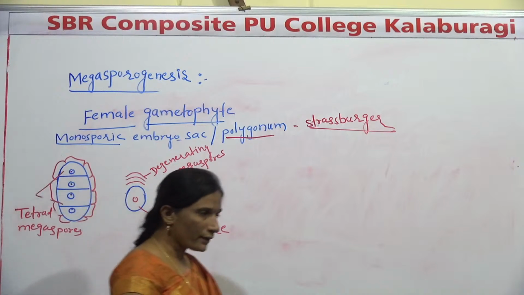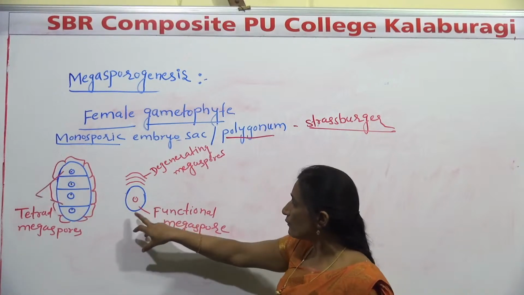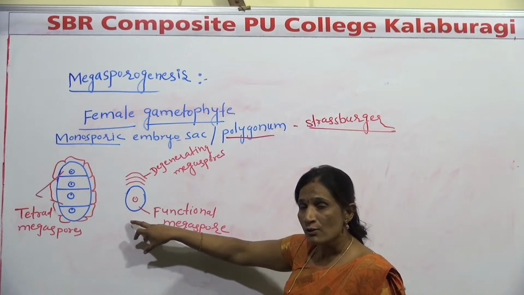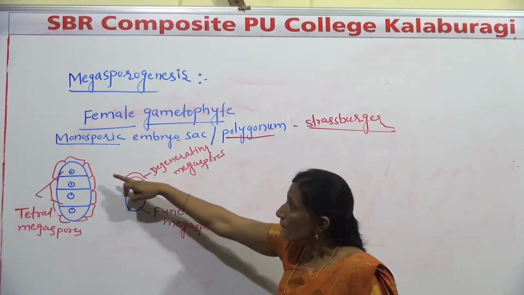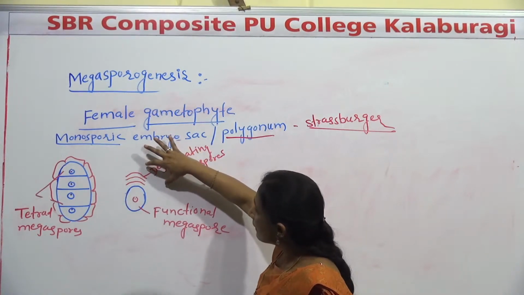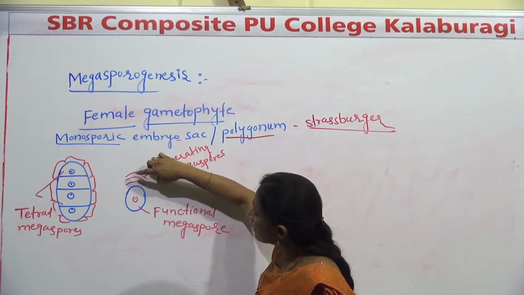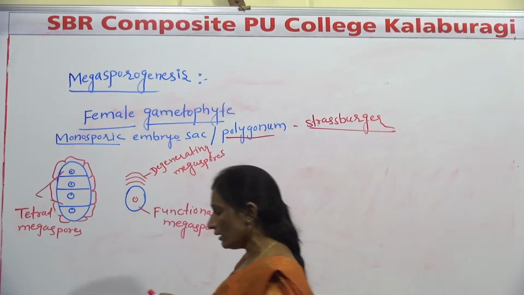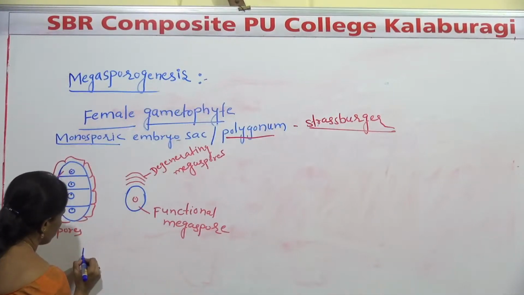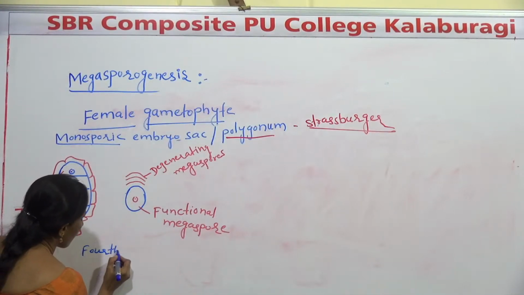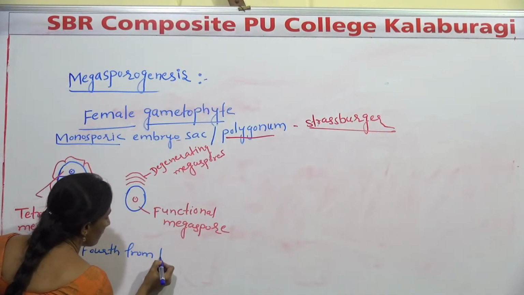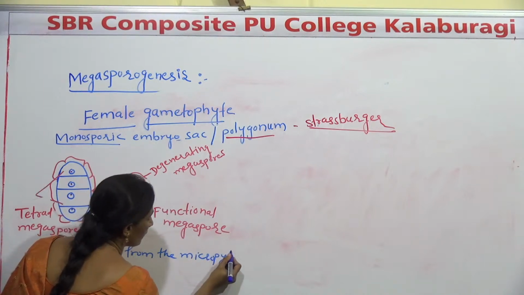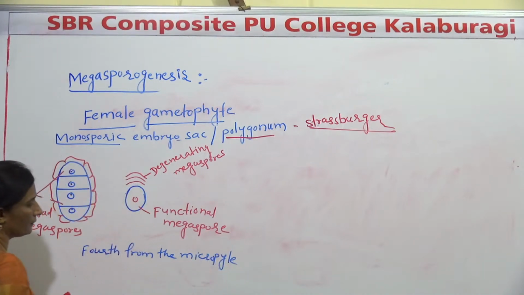So in the monosporic type of embryo sac, only one is functional. That is the one fourth from the micropyle. This is the micropylar region; the functional megaspore is the fourth from the micropyle.